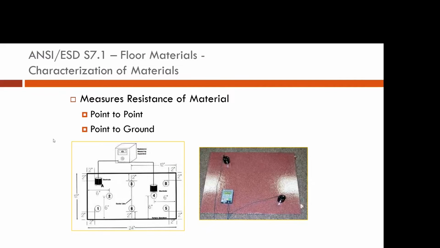The megohmmeters may vary depending on whose system megohmmeter you're using. There's a variety that QSource offers, and you'll be able to see them on their website. We have one here that is a basic ESD megohmmeter, and the probes are set up in 2 different places. How it works is one probe is stationary, the other is moving, and then you would switch the other probe out once you've done your 6 movements with a single probe.